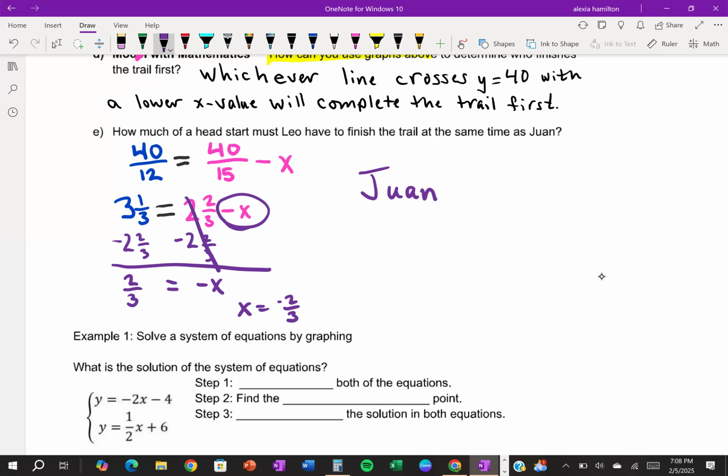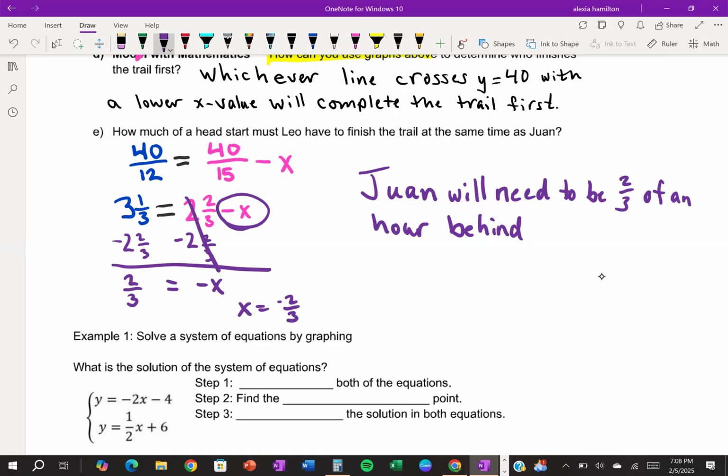Juan will need to be 2/3 of an hour behind, right, because I have my x is negative 2/3.